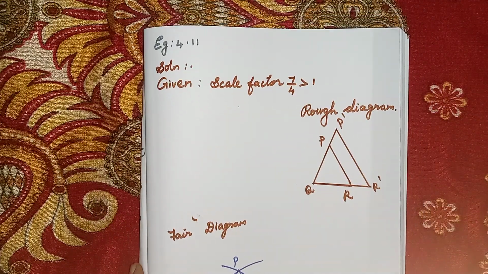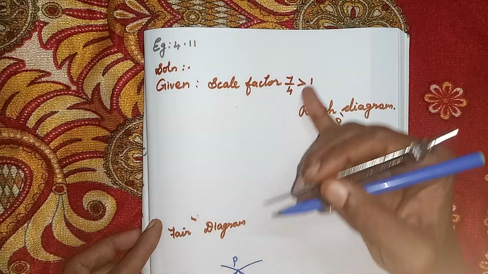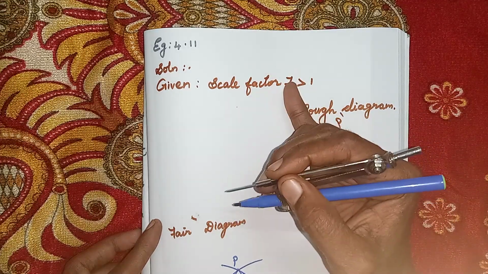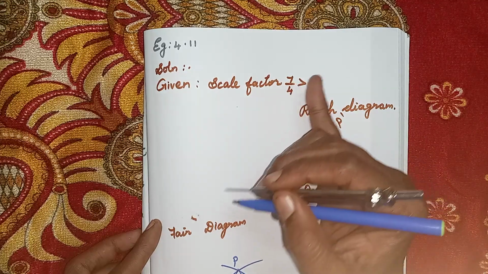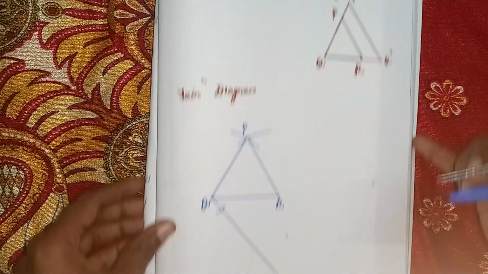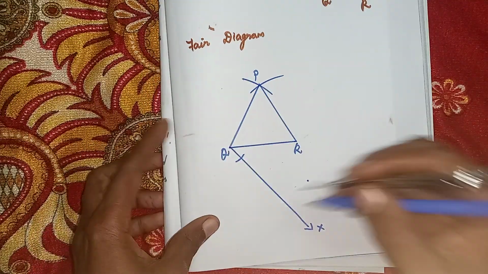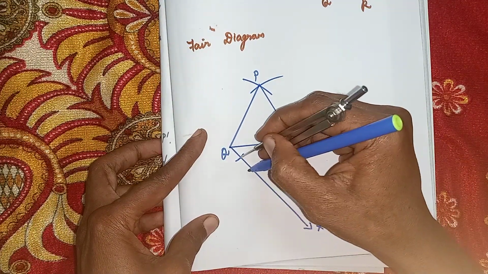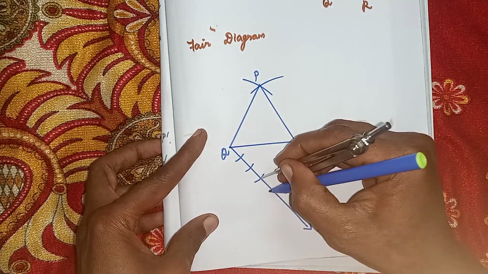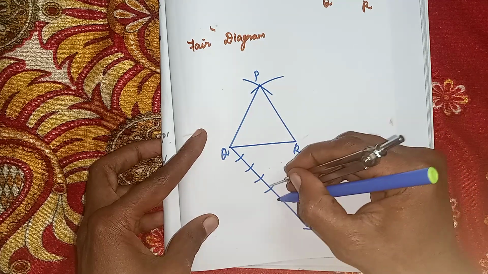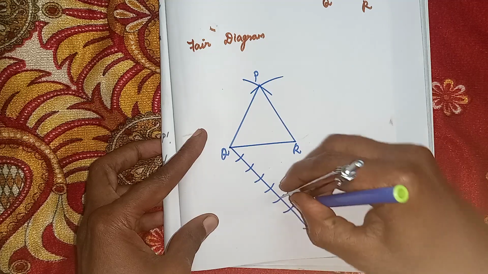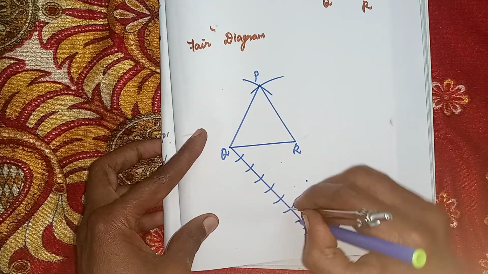Why am I taking 7 parts? Look at the scale factor. Here the highest value is the numerator, that is 7. So we have to divide into 7 parts. 1, 2, 3, 4, 5, 6, 7.